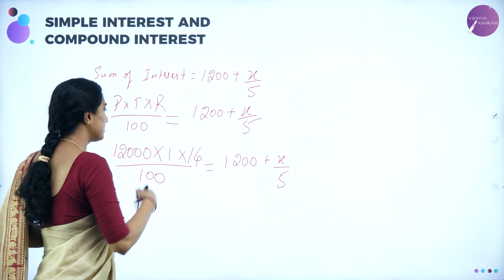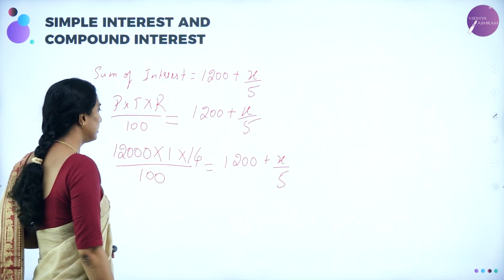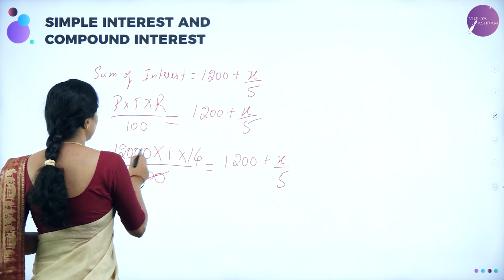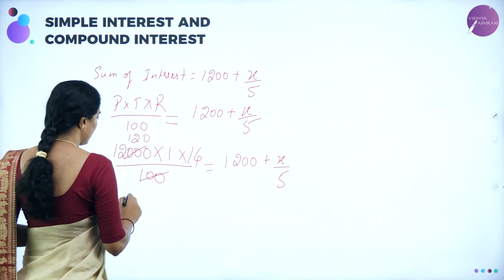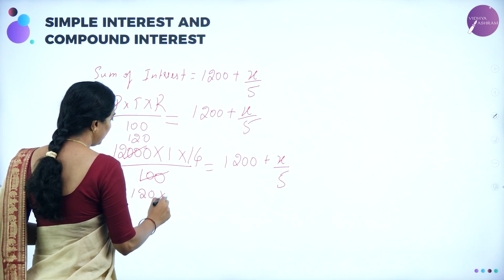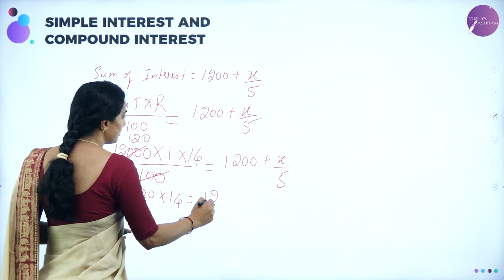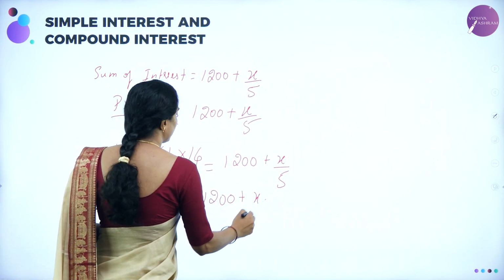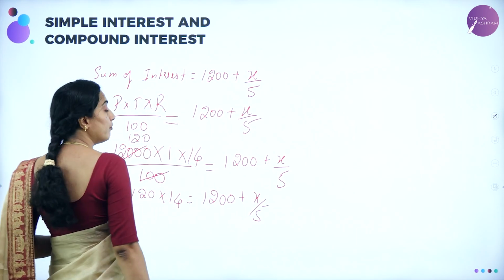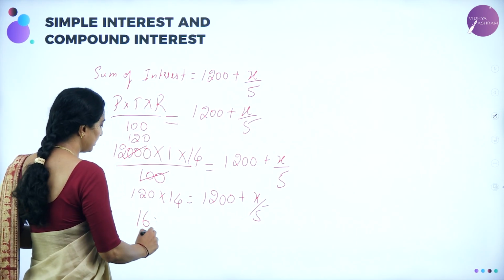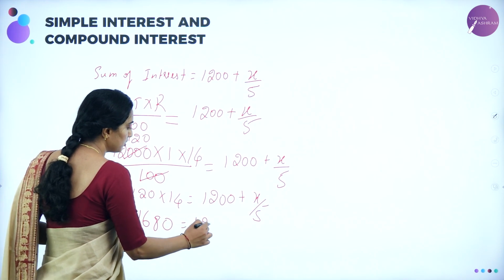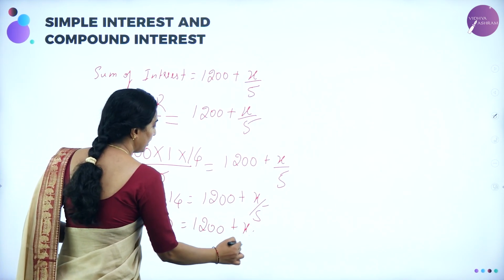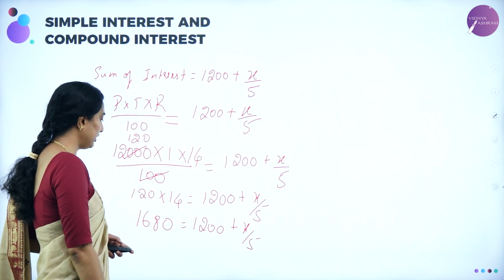Now, let me cross multiply this one. So, 100 ones are 100, 120s are. So here 120 into 14 is equal to 1,200 plus X divided by 5. Now 120 into 14 is 1,680 is equal to 1,200 plus X divided by 5. Let me cross multiply this one.